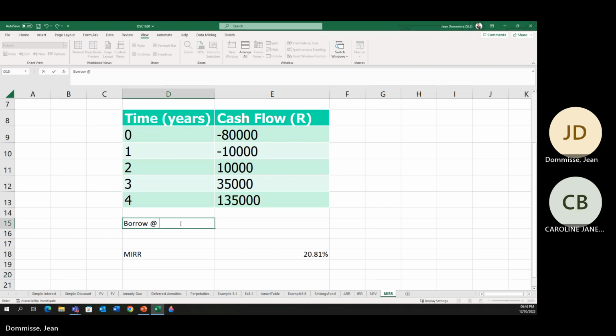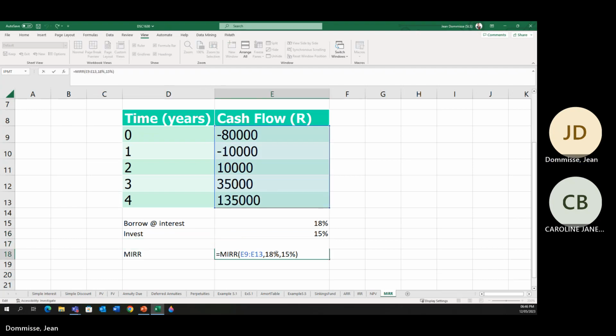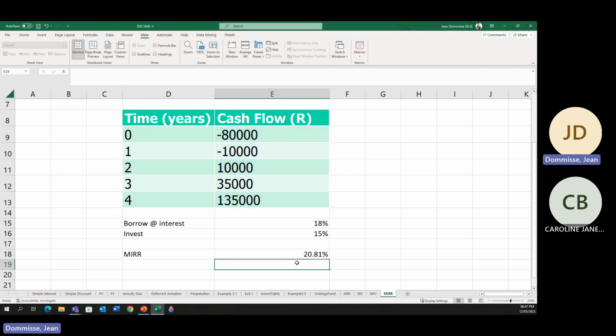Borrow at interest was 18%, and then what you can invest it for is 15%. So next time, if you need to do it, you can just change this.